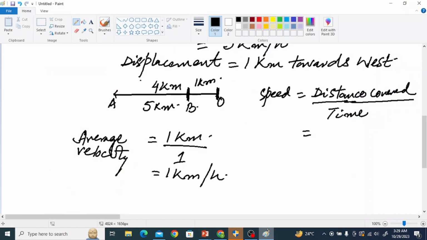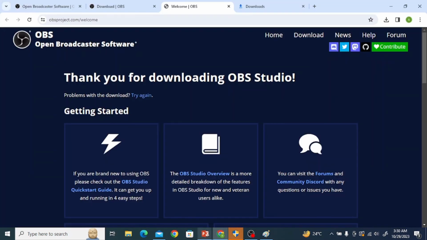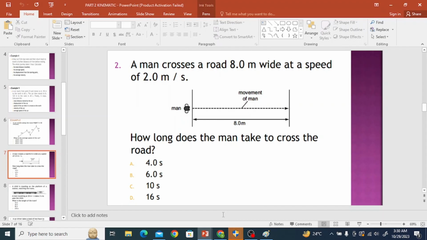The speed of the man is given as 2 meter per second, and the distance covered is 8 meter.